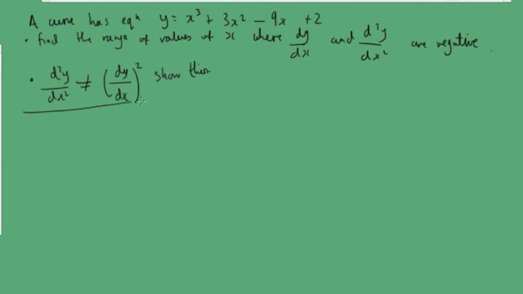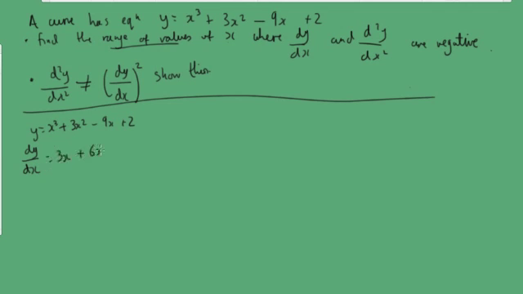So, first things first, we want to find the range of values of x where the two derivatives, first and second, are negative. So we have y equals x cubed plus 3x squared minus 9x plus 2. dy by dx is 3x squared plus 6x minus 9.